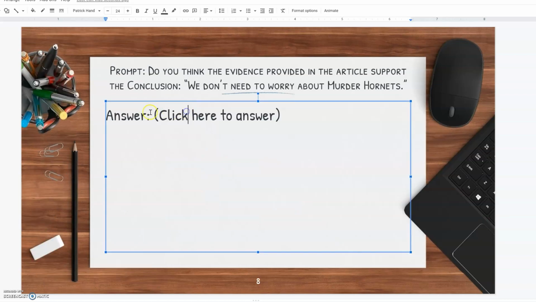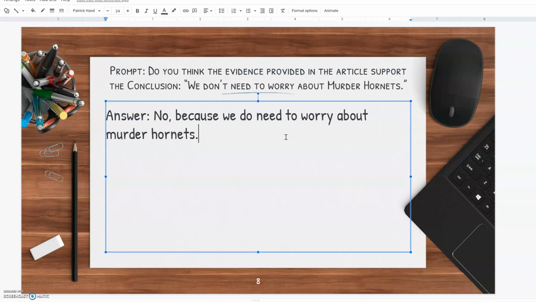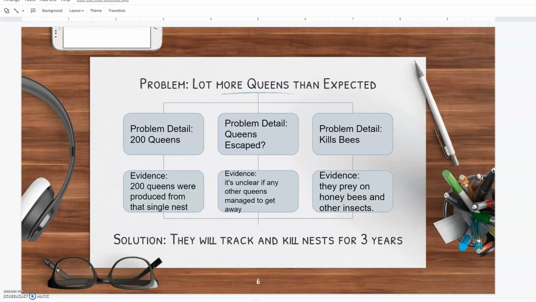So I'm going to start that off by saying no, because we do need to worry about murder hornets. And now I'm going to say, I say this because, and let's look at our evidence. 200 queens were produced from that single nest. It's unclear if any other queens managed to get away, and they prey on honeybees and other insects. I'm going to summarize and paraphrase all this information into one sentence.